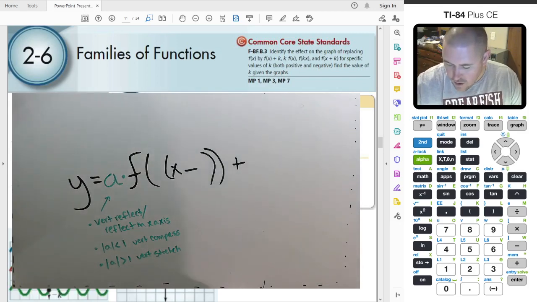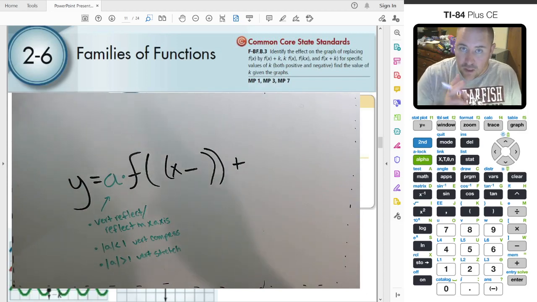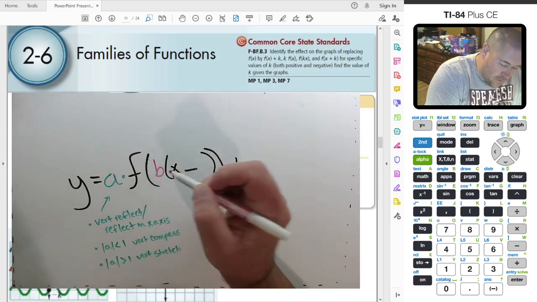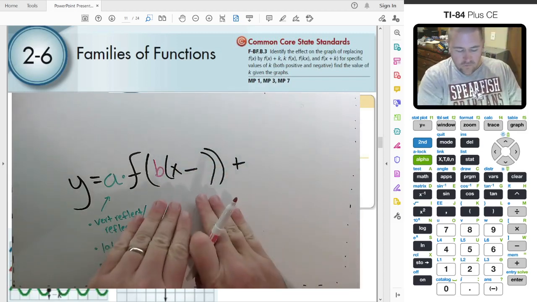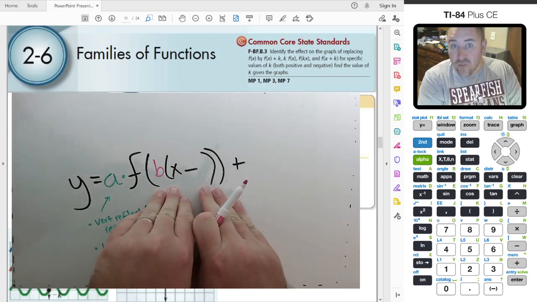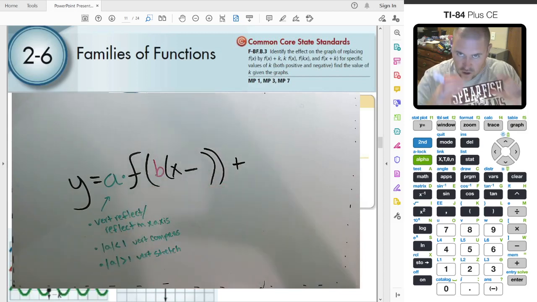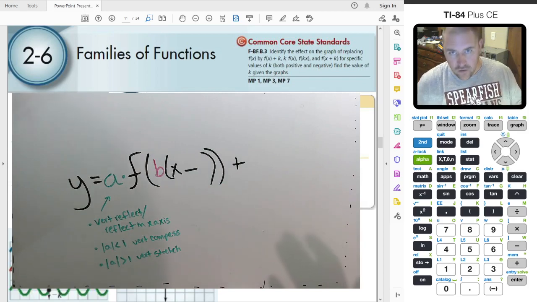One that we do not see very often in Algebra 2, but we need to cover it because it's going to pop up every now and then, and you'll definitely see it if you move up, is B. B is grouped in the parentheses. And we're going to find out that in these parentheses, or in the absolute value brackets, or in the square root sign, in that grouping with x, we call this bass-ackwards land.